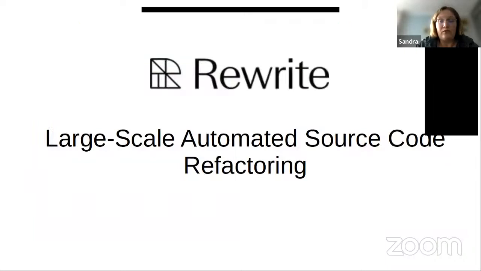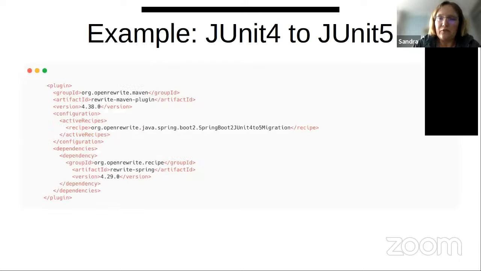Maybe you want to refactor your tests and you have a very big test code base, so making the migration is very time consuming. So maybe you can automate it. With OpenRewrite, we have tooling that does automated source code refactoring. For the migration from JUnit 4 to JUnit 5, I can temporarily put the Rewrite Maven plugin into my POM.